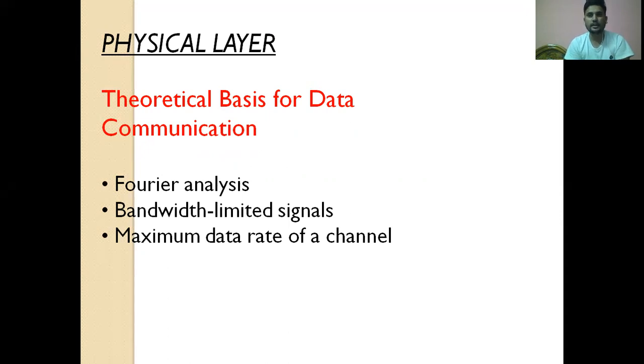Because the physical connection establishment is done at the physical layer. If a connection is there, only then is data transmission possible. If you want to establish communication from one device to another device, first a communication link is needed. These communication links are established in the physical layer. So physical connection establishment is needed in data communication, and the theoretical basis for data communication is the physical layer. For that purpose, we will discuss Fourier analysis, bandwidth limited signals, and the maximum data rate of a channel in the first part of this physical layer unit.